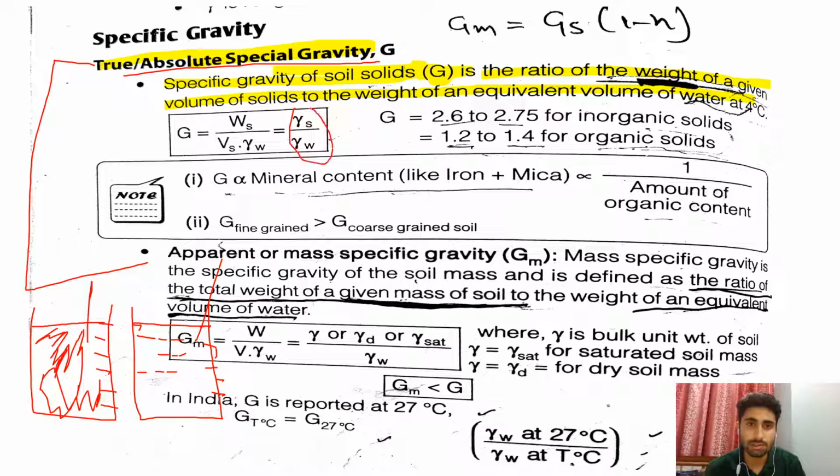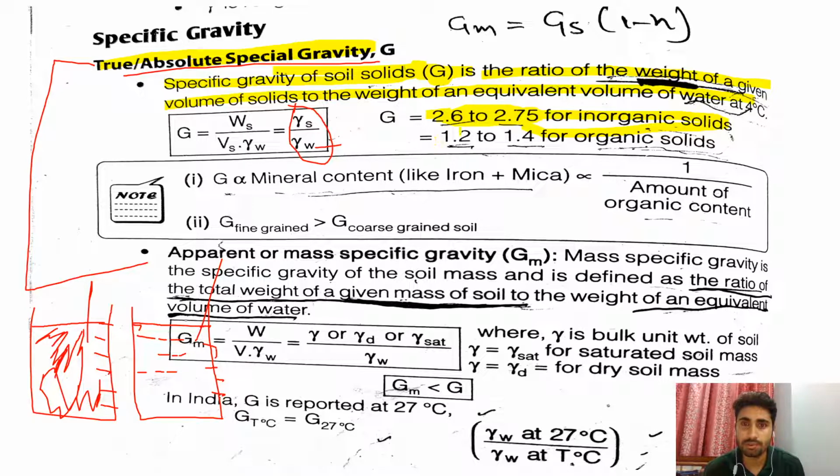Also, it can be calculated by dividing gamma s by gamma w, which is the unit weight of soil solid to the unit weight of water. The value of G for the majority of soils is between 2.6 to 2.75, but this is only for inorganic soil.